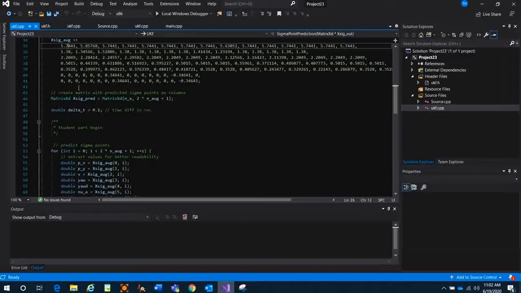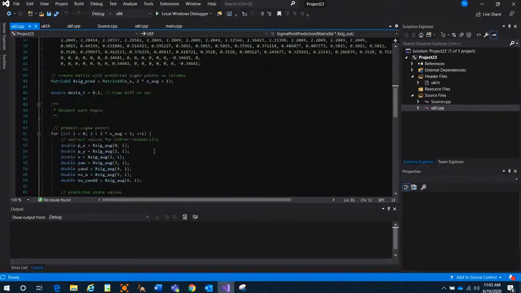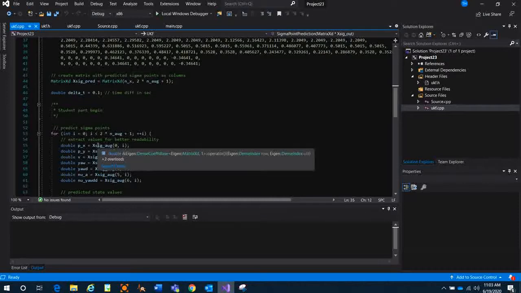So we have to extract the values from this matrix. Okay, that's the reason we have to extract the values right here: PX, PY. We get each value from this matrix, right?